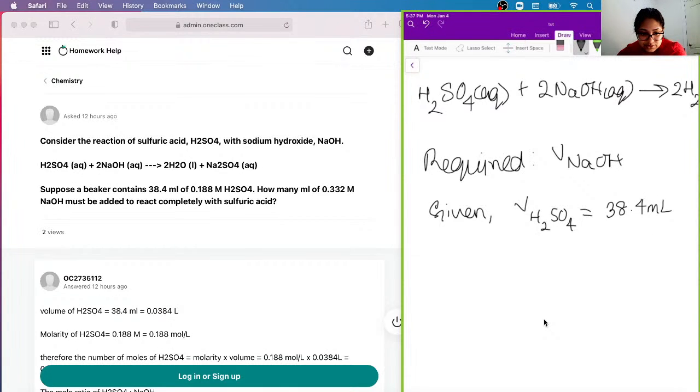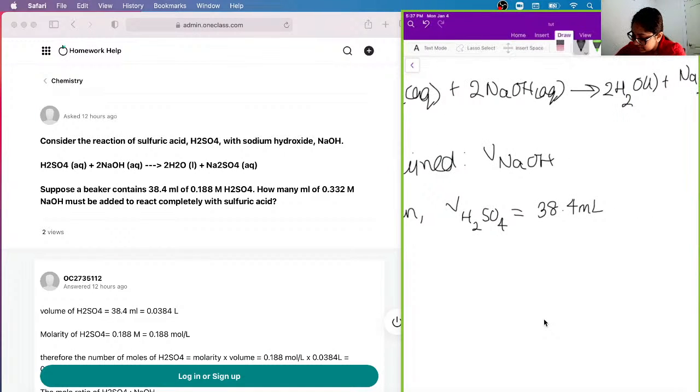We're also given the concentration. We should always convert volume into liters, since molarity is in moles per liter. So this would basically become 0.0384 liters.